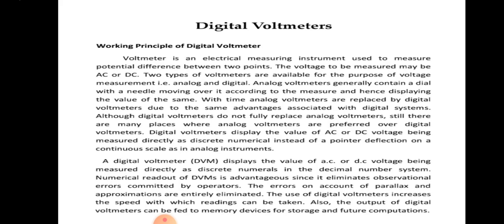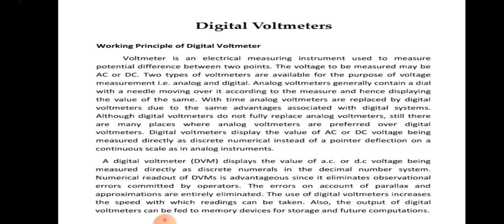Although digital voltmeters do not fully replace analog voltmeters, there are still many places where analog voltmeters are preferred over digital voltmeters. Digital voltmeters display the value of AC or DC voltage being measured directly as a discrete numerical value instead of a pointer deflection on a continuous scale as in an analog instrument.